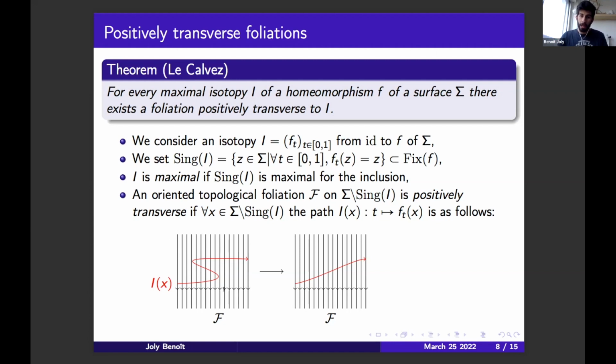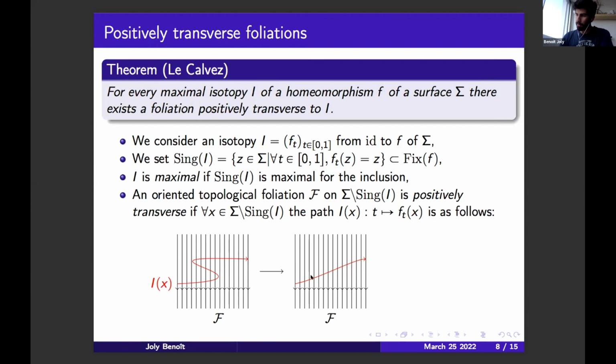So on the left, I drew the trajectory of a point which is not positively transverse, but we can find an isotopy to transform this path into a path which is actually positively transverse to the foliation.